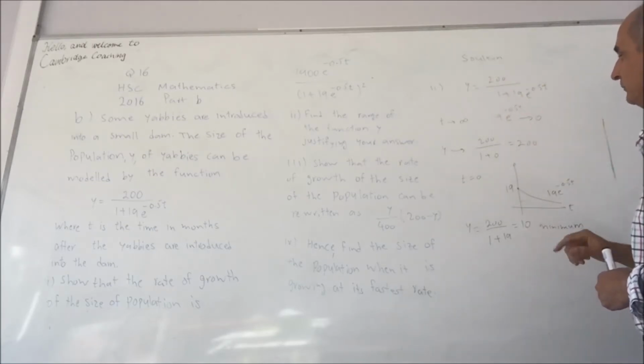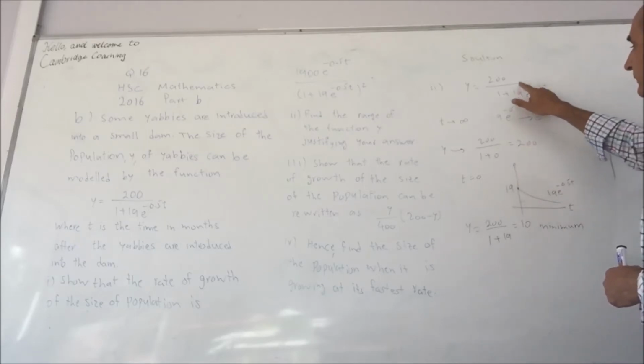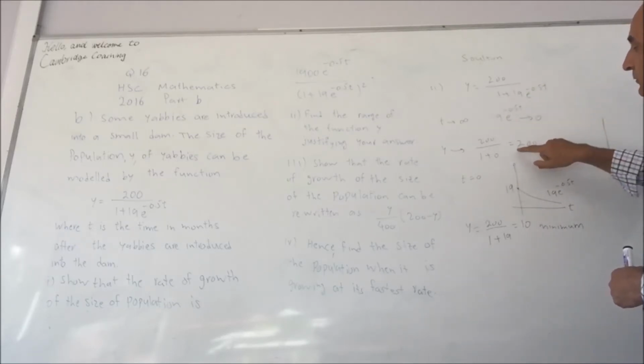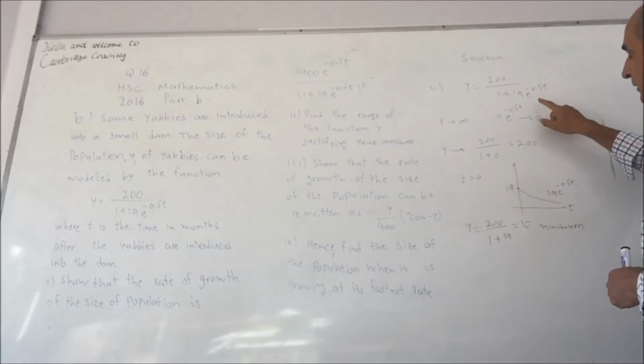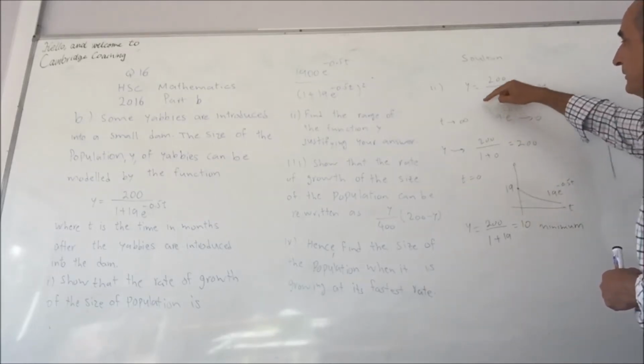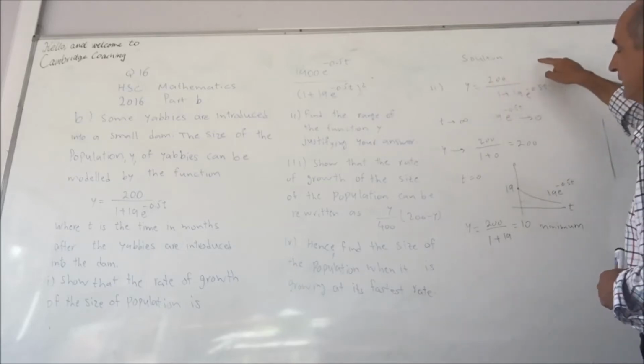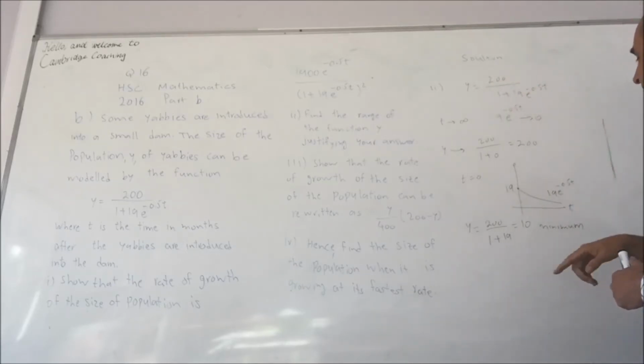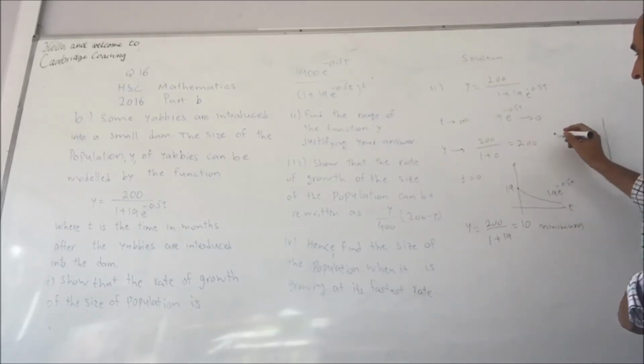And here, that's the maximum value that you're going to have, because as this decreases, your denominator decreases, increasing the value of the fraction.